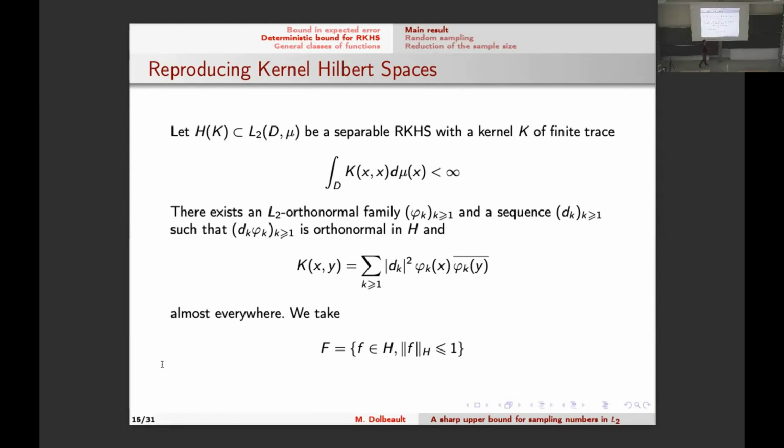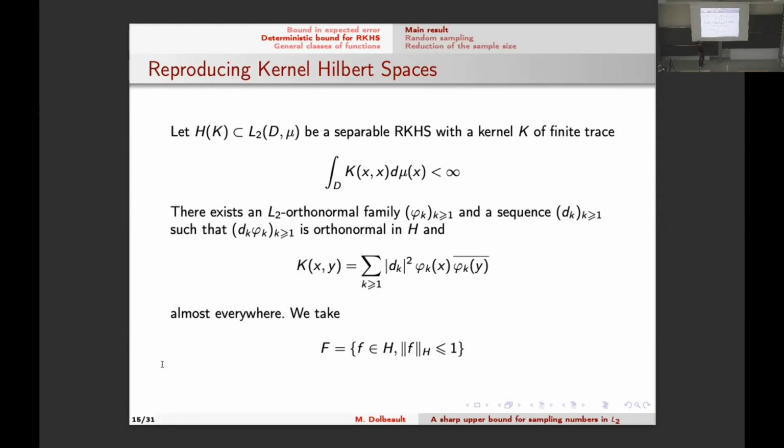Here phi is an orthonormal basis of L2, and the dk times phi k are orthonormal elements of the Hilbert space H. Here I will consider a specific function class F, which is the unit ball of this Hilbert space. In this specific situation I have a lot more assumptions. In particular, I assume that my kernel K has finite trace, which is the assumption above.